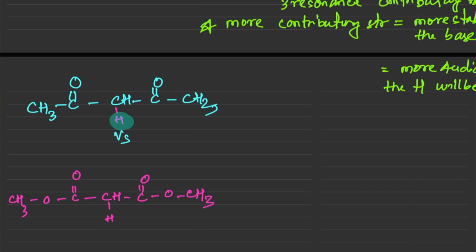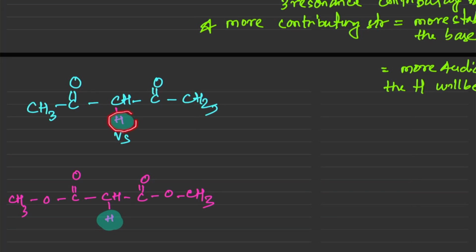Okay, so we have two different alpha hydrogens, and I want you to guess which would have higher acidity or lower pKa. So you will find out. Let's guess.